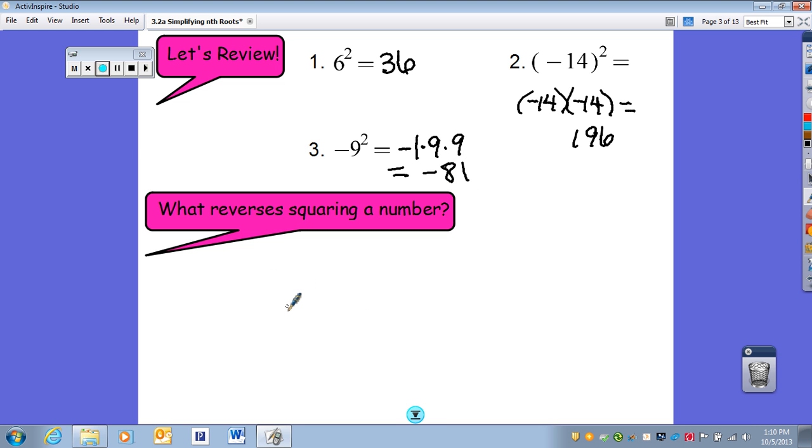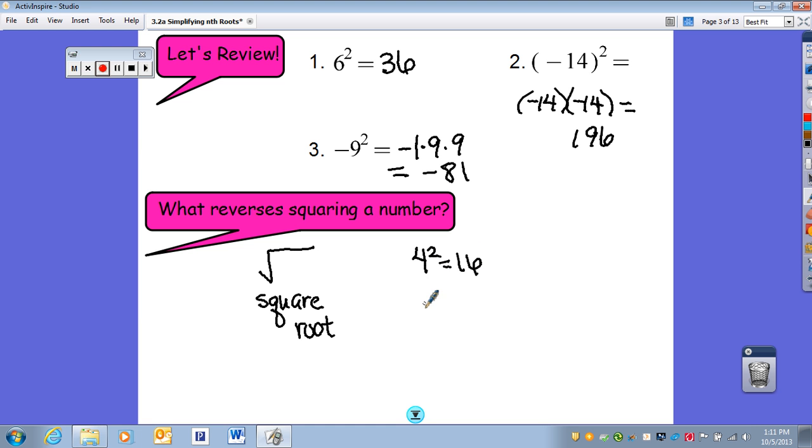What reverses squaring a number? Well, when you are squaring a number, you're multiplying it times itself. When you're taking the square root of a number, you are finding out what did I multiply times itself in the first place. So this is called the square root. For example, if I have 4 squared, that is 16.